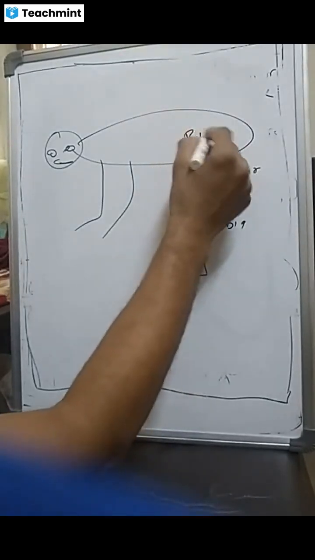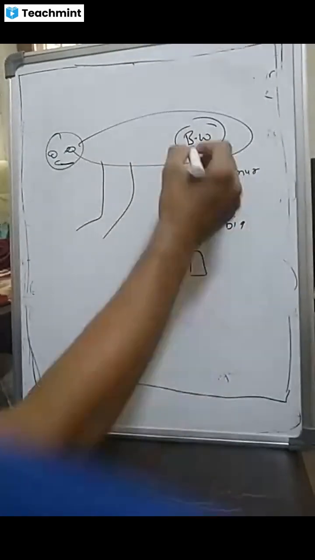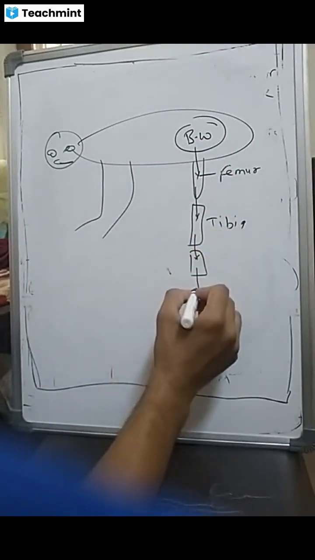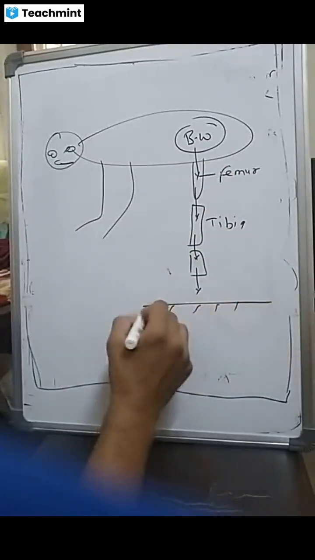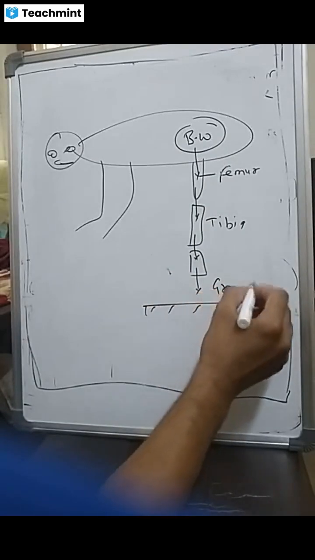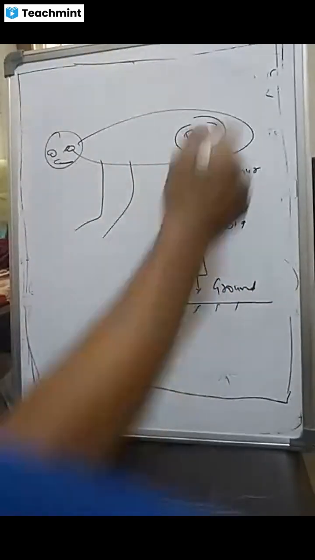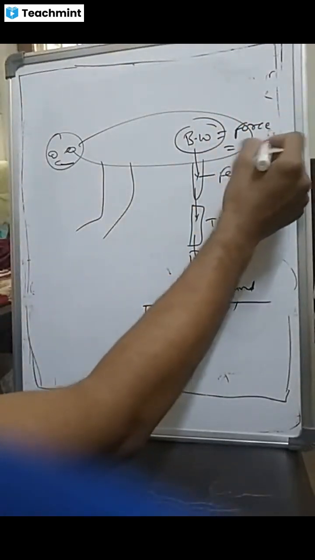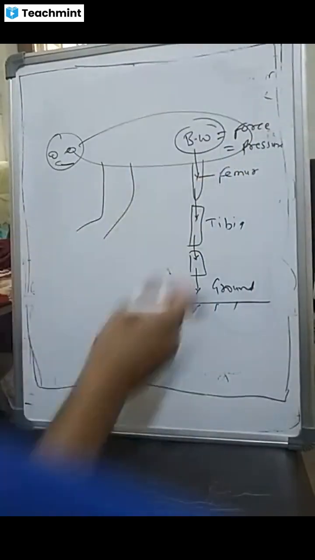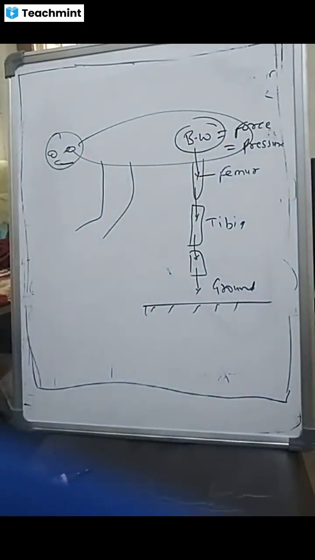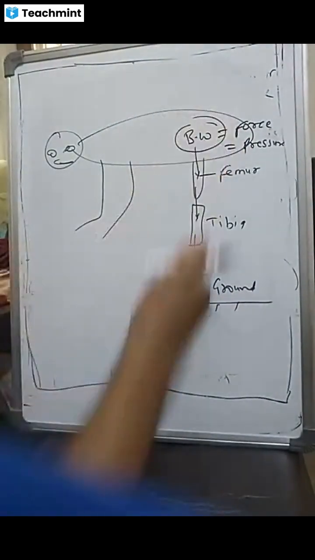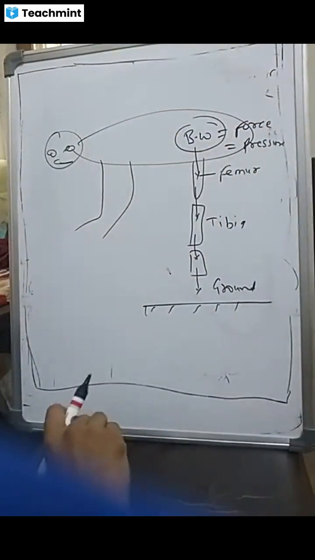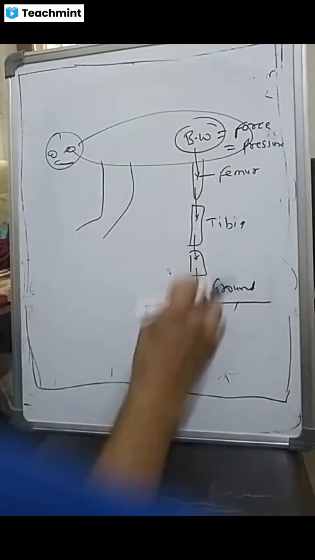The body weight of the animal is transferred from this bone to this bone to this bone, then to the ground. So this is the way the body weight, or you can call it force or pressure, is transferred.